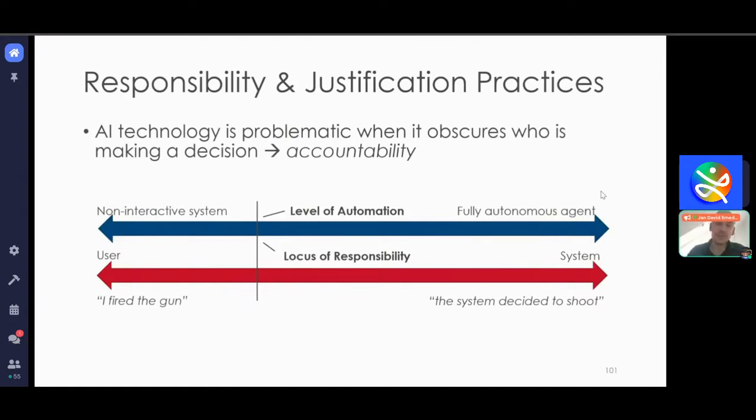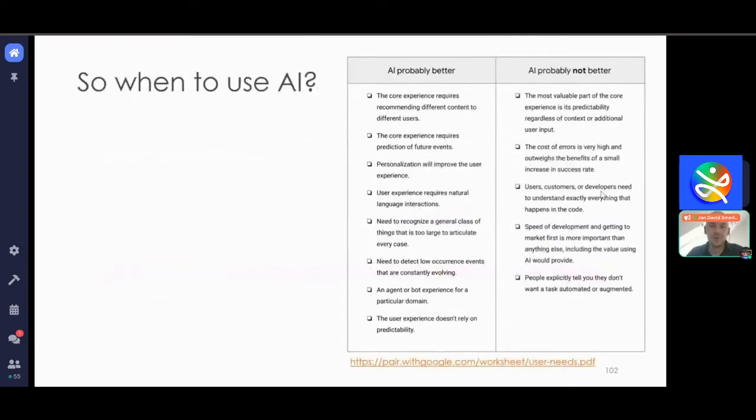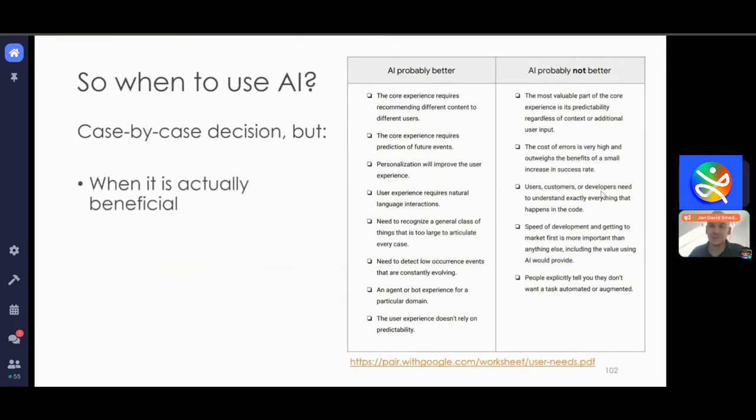I think it's a really important thing to think about as we go on and automate systems more and more. So when should we then use machine learning or AI to do these highly automated tasks? It's certainly a case-by-case decision. There's a list in further detail in the slide set, which is, as always, in the online space, so you can look this all up in your own time as well.